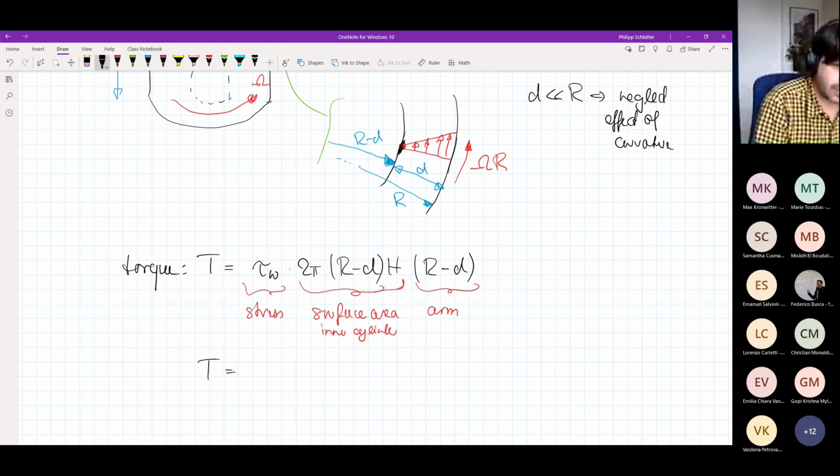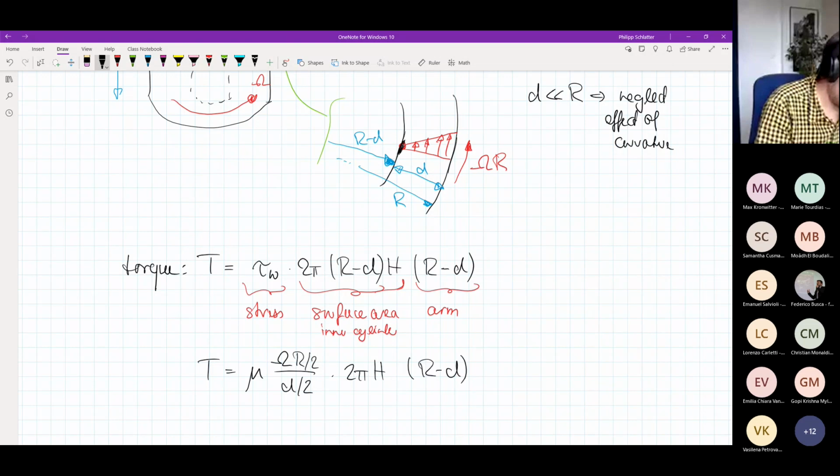So we can calculate this, which means the stress here would be something like mu times omega times R divided by 2, and then here you would have d divided by 2, something like that, times 2 pi h, that's the height, times R minus d, and because it's 2 times here, it would actually be R minus d squared.